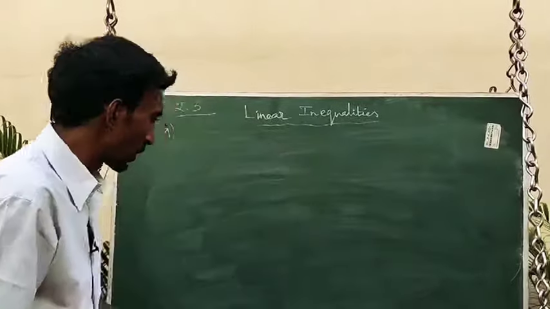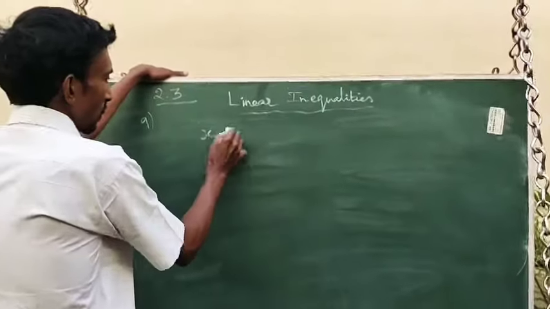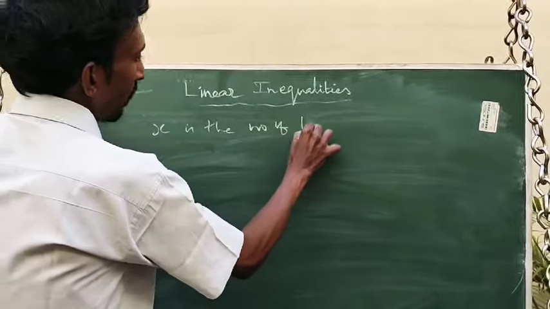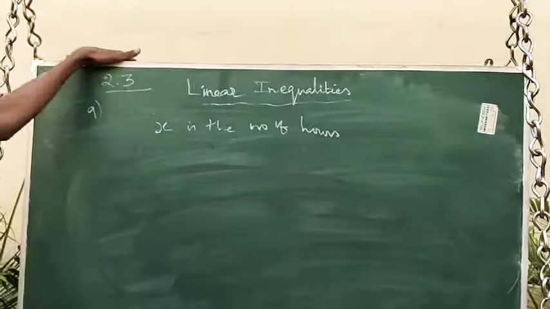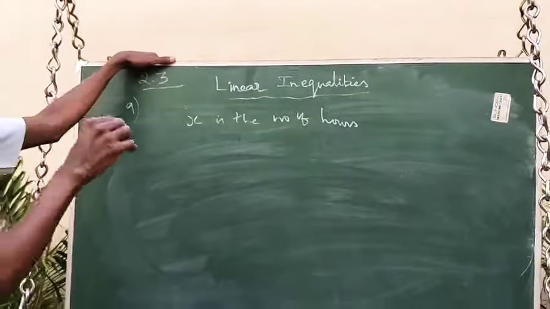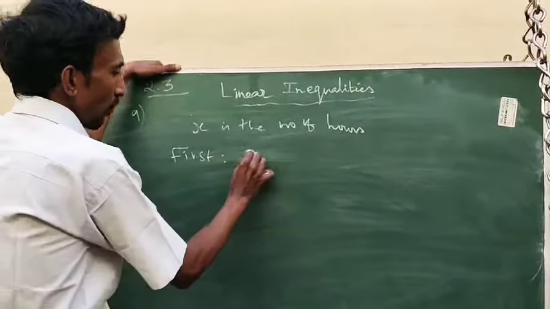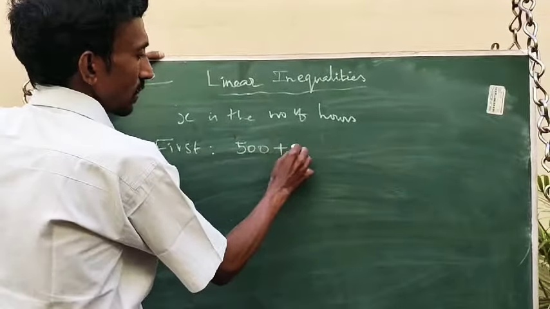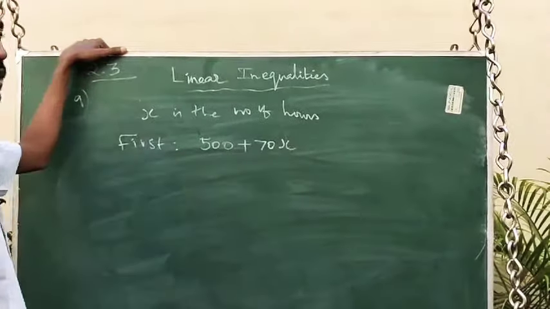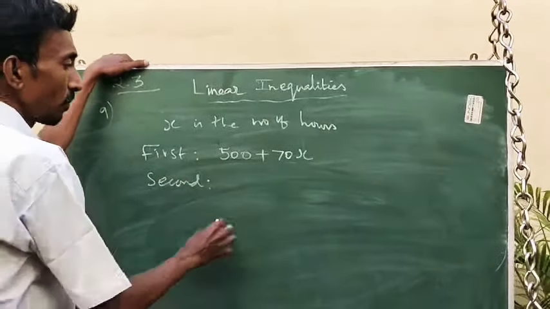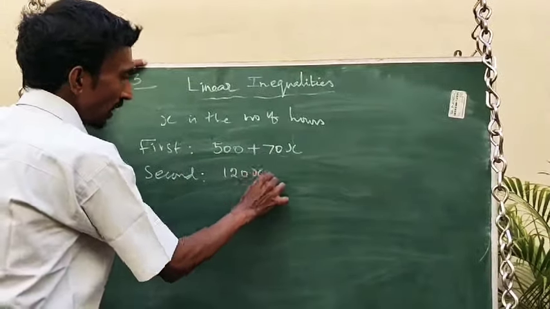So in the question itself, given x is the number of hours he is working. So what is the first scheme? First scheme, 500 plus 70 into number of working hours. So what is the second scheme? In the second scheme, 120 per hour.